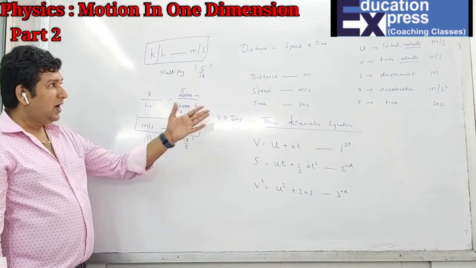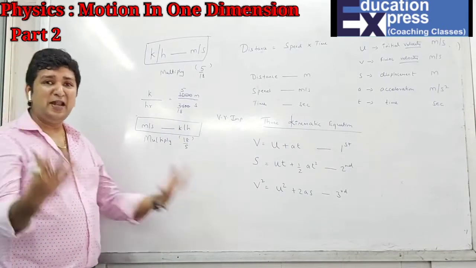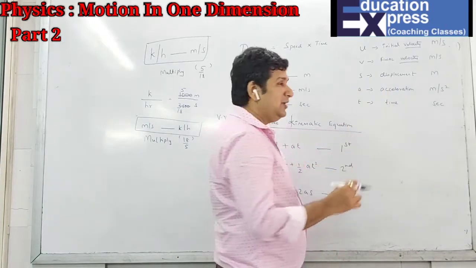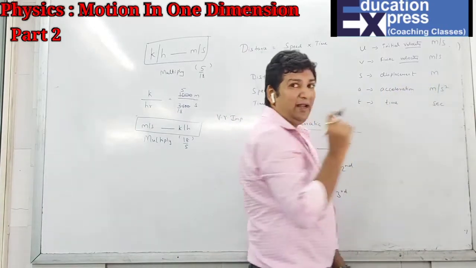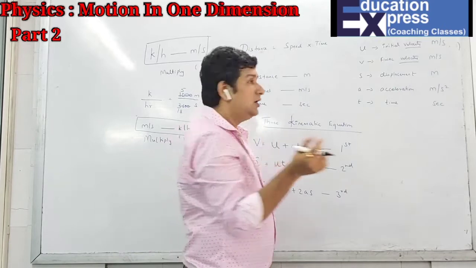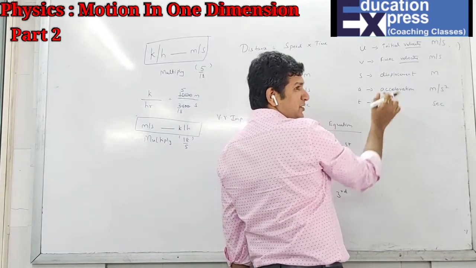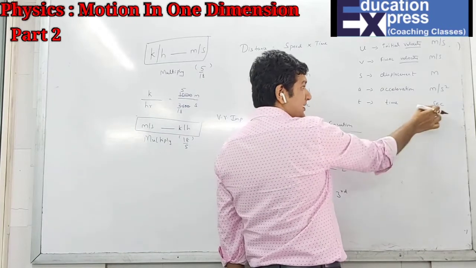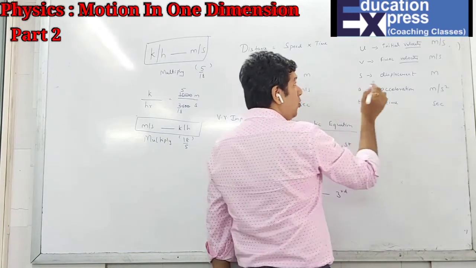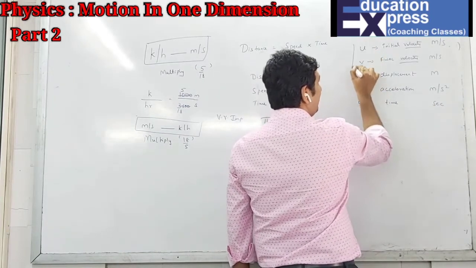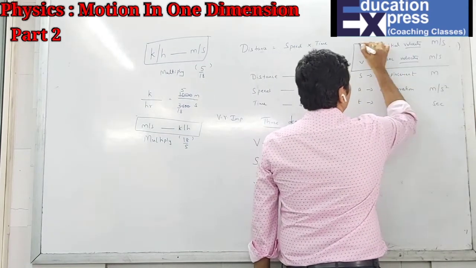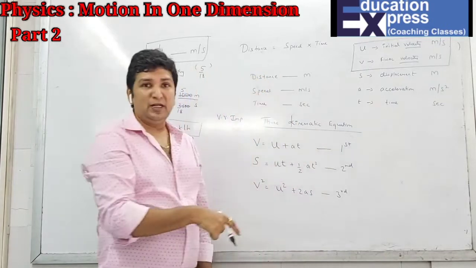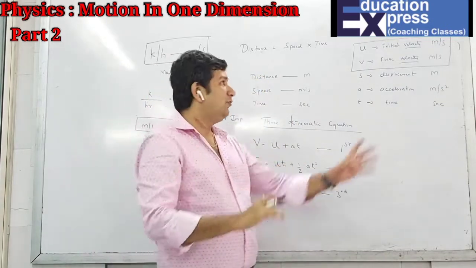So these are the units which will play a very important role, because in a question if you see that anything has a unit m, that is meter, that means 100% displacement is there. Meter per second square, you understand acceleration is there. Seconds, you understand time is there. But the only problem will come when they give us meter per second, because initial and final velocity both have meter per second.